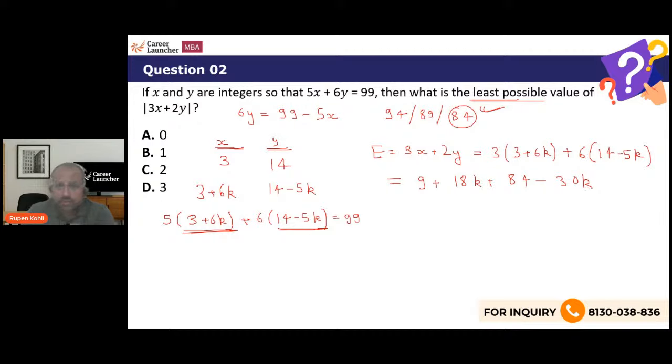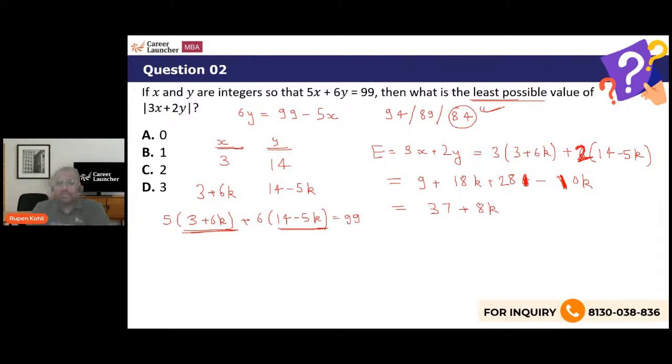Sorry, my bad, I've written this as 6 by mistake. This was twice of 14 minus 5k, right? Twice of y. So 2 into 14, 28, and this is minus 10k, which is giving me 9 plus 28, 37, and then plus 8k.